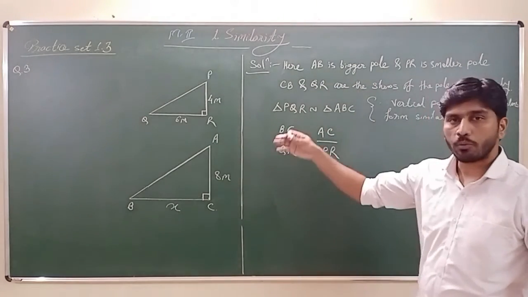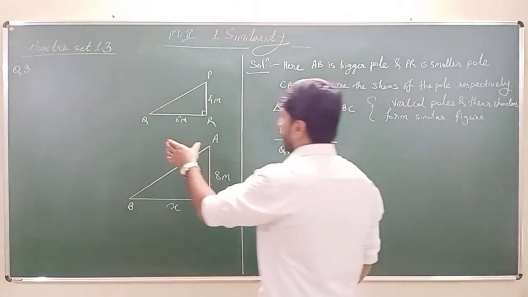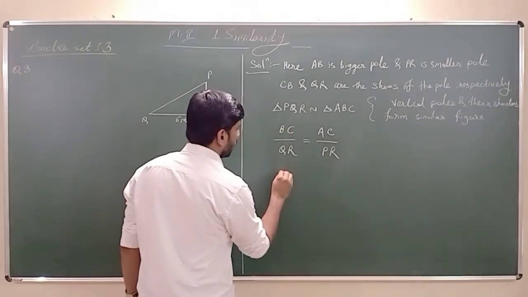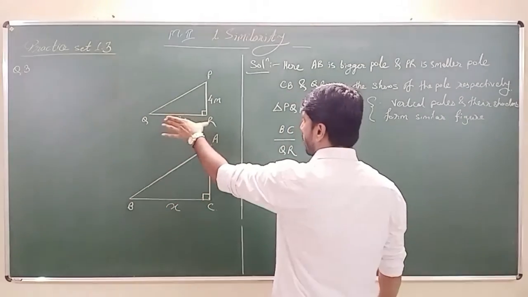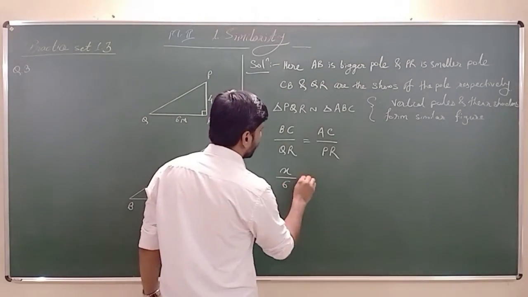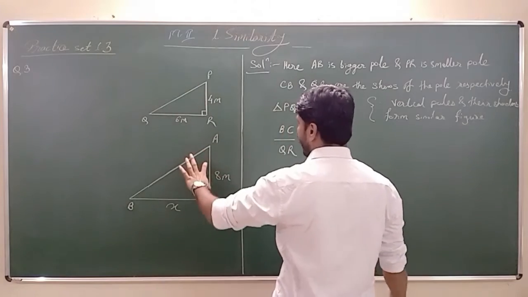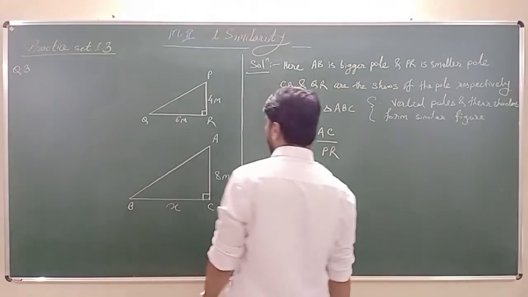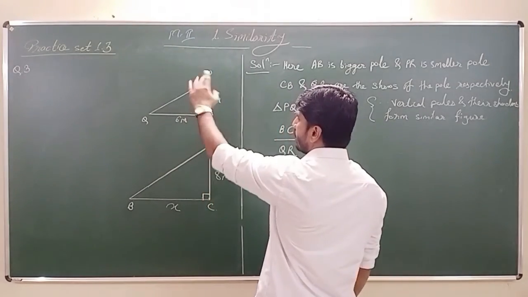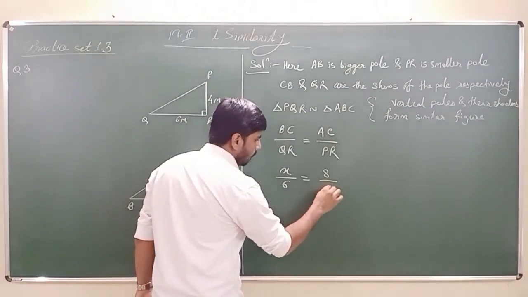Now we'll simply substitute the values. BC is what we have to find, so write that X. The length of QR is given, that is 6, which is equal to AC, which is given as 8, and PR is also given, so we write 4.